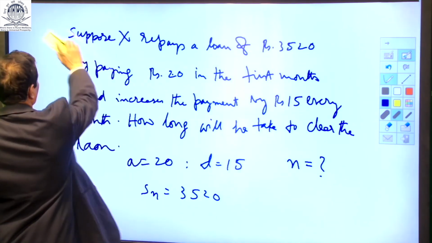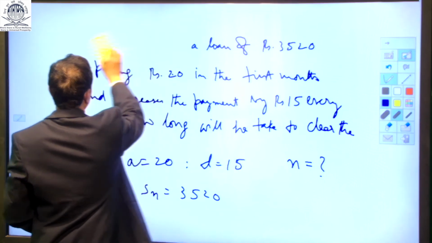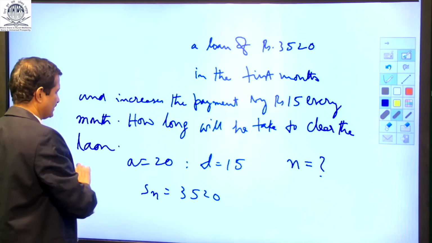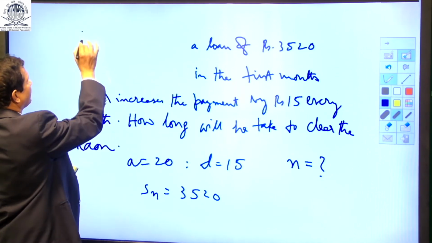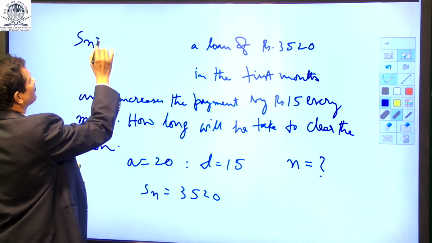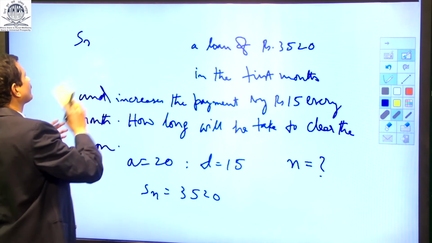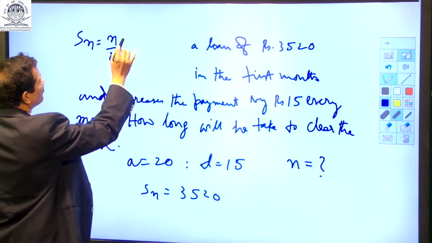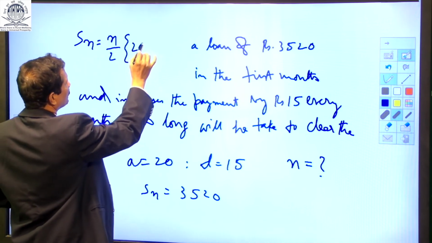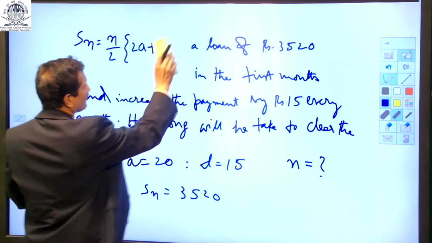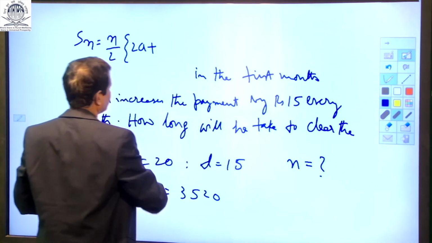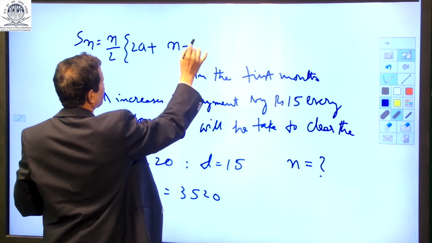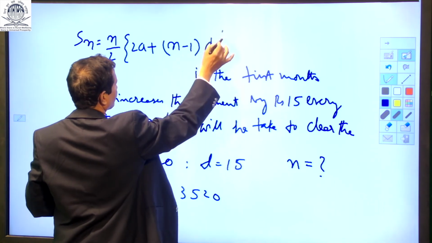We know the formula now. The sum to n terms is given by Sn, which is equal to n by 2 into 2a plus n minus 1 into d.